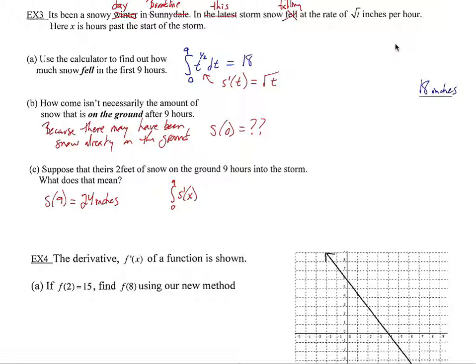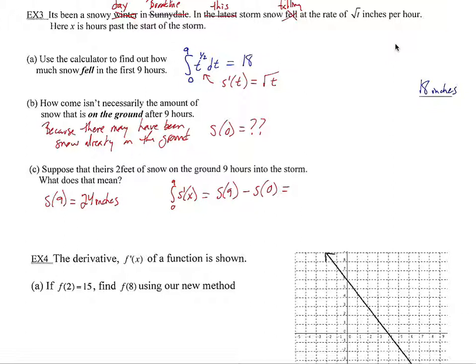So this is the derivative of the function, and by the fundamental theorem of calculus, we know that if we take the amount of snow we have after 9 hours and subtract the amount of snow that we had after 0 hours in the storm, then that'll give us the total amount of snow that fell.